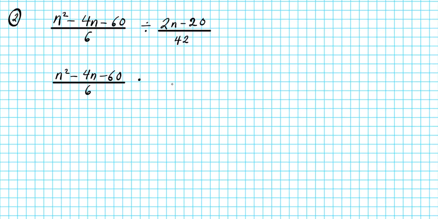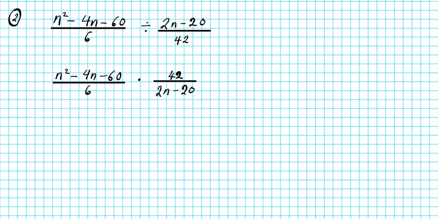So if we reciprocate it, we'll end up with 42 divided by 2n minus 20. Now, it wasn't a rational expression before, but now it is because you have a variable in the denominator. Okay, so now what we're going to do is express it as a product.